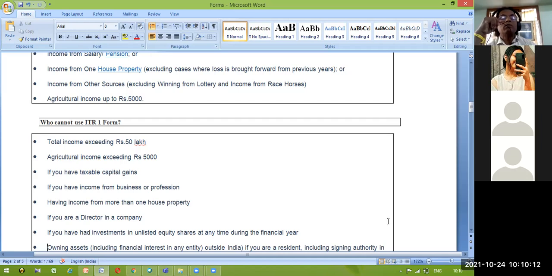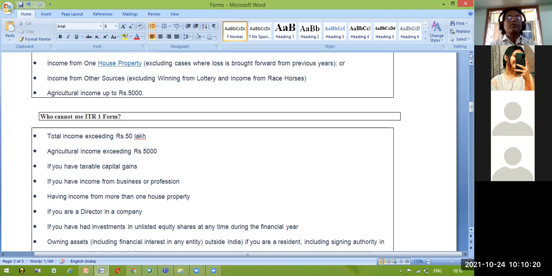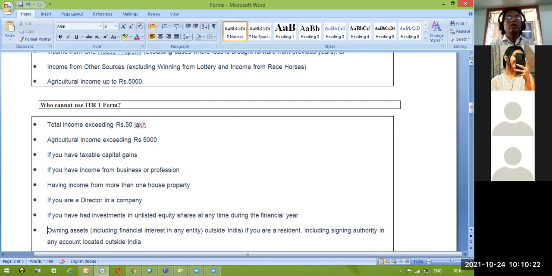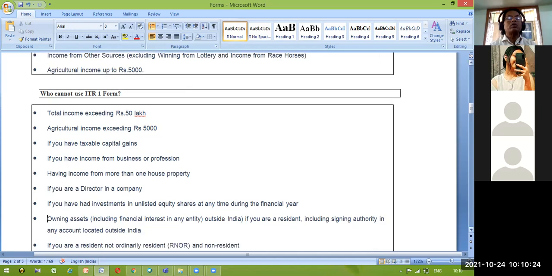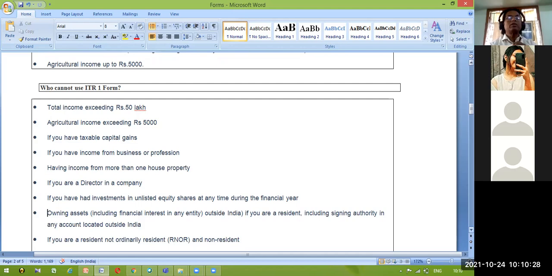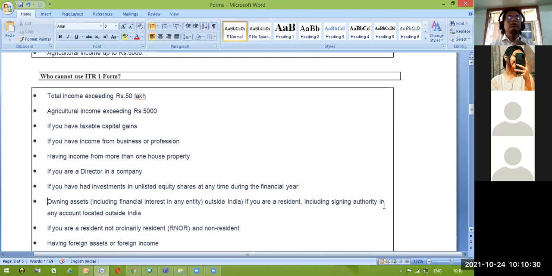There may be a short note, multiple questions, true or false, or fill in the gaps, anything. If you are a director of a company, even if you are an individual resident of India, you cannot fill up ITR 1. So please remember, this is my repetition class for your better understanding.